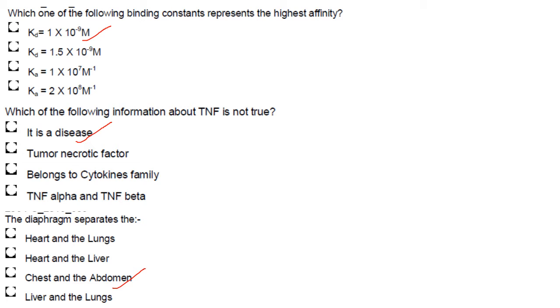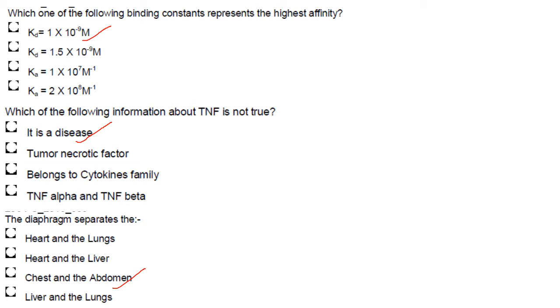For the fourth one, the Ka value is 2 into 10 raised to 8 per molar, and the Kd value is equal to 1 by 2 into 10 raised to 8, and you will get 0.5 into 10 raised to minus 8.